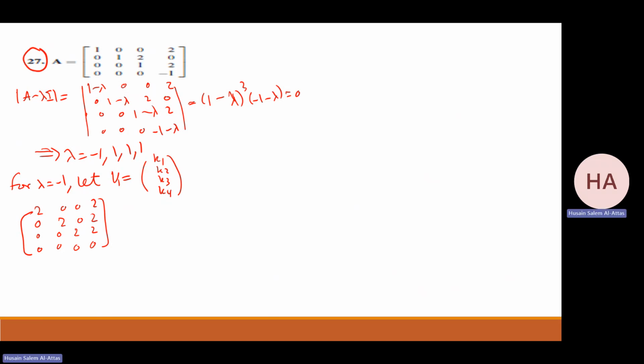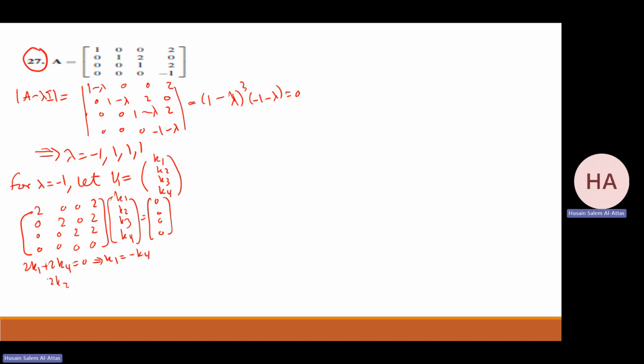I have 2, 1 minus minus 1, times K1, K2, K3, K4 equals 0, 0, 0, 0. So what I have: 2K1 plus 2K4 equals 0, so K1 equals minus K4.